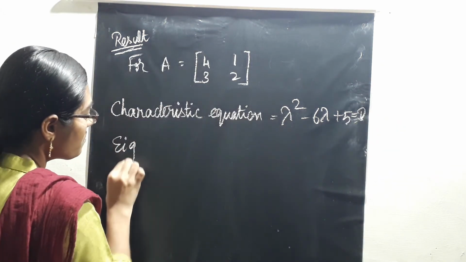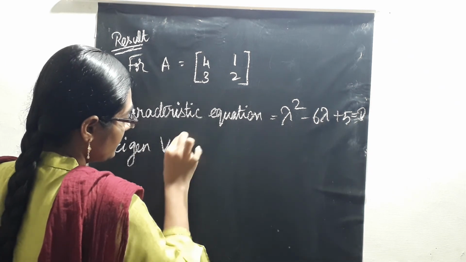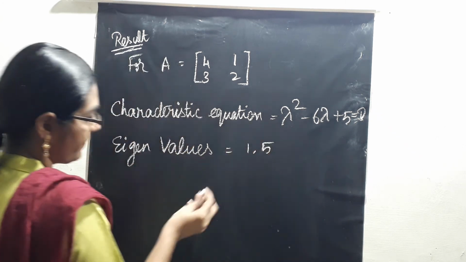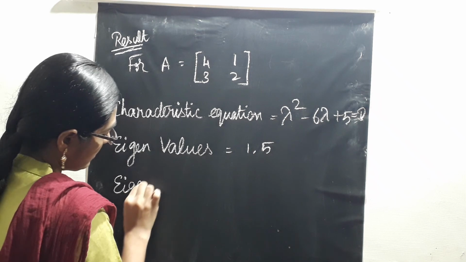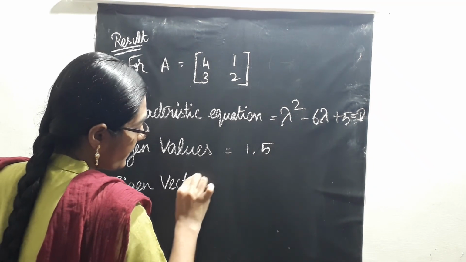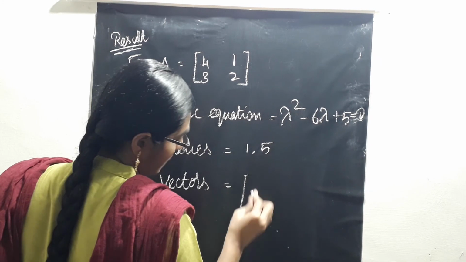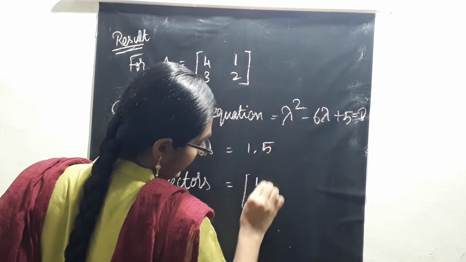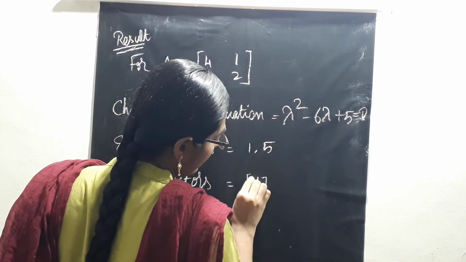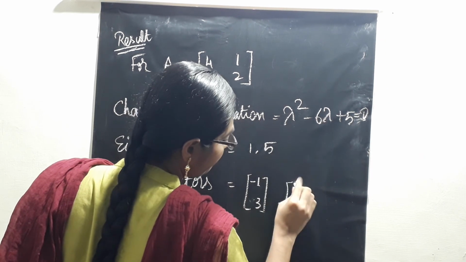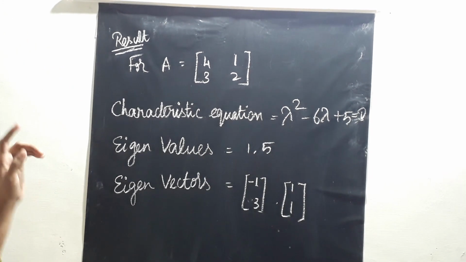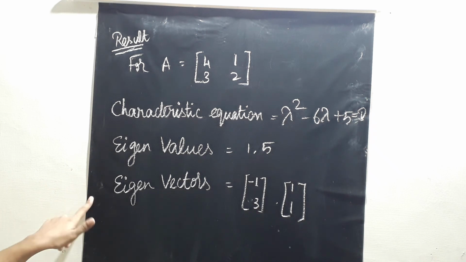And the eigenvalues are 1, 5. And the eigenvectors, corresponding eigenvectors are what we got, minus 1, 3, comma 1, 1, right? So don't forget to write the result or the answer like this, because this also will carry marks. So don't lose any marks.